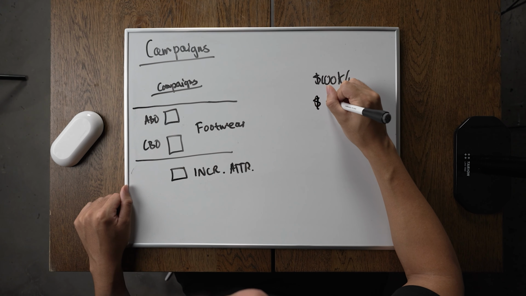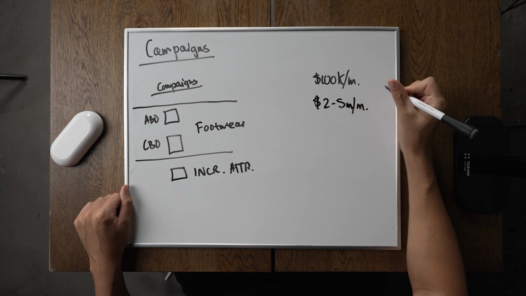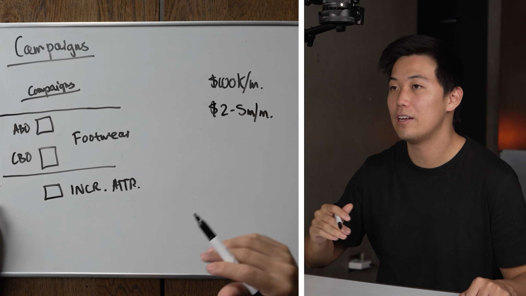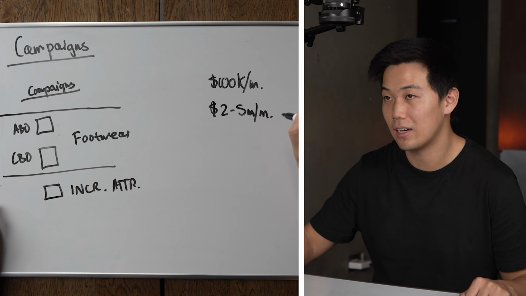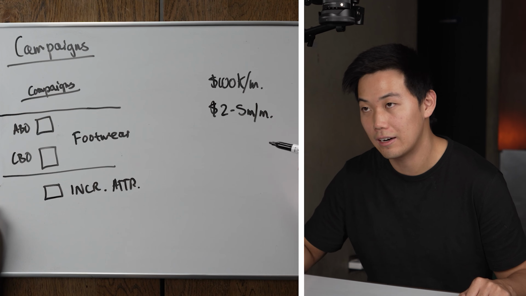So when you spend, more of your spend naturally goes towards new customers. However, if you're doing 2 to 5 million a month, you really need to start looking at incremental attribution and all of the other audience exclusions within your campaigns, because it's likely that as you increase your budgets, you're going to be retargeting this existing cohort of customers much more than the person who's only at 100K a month.